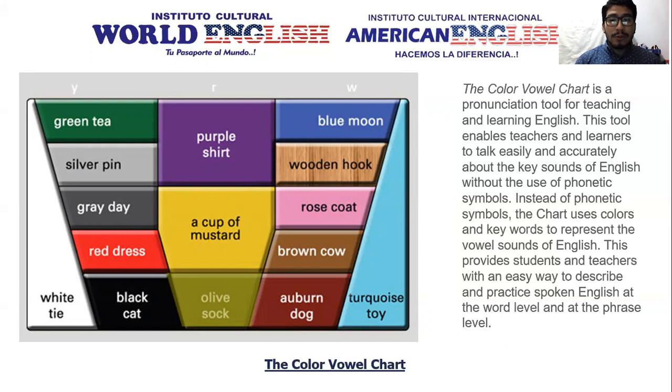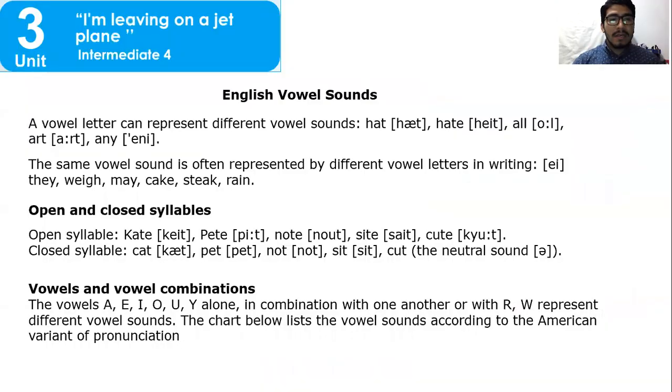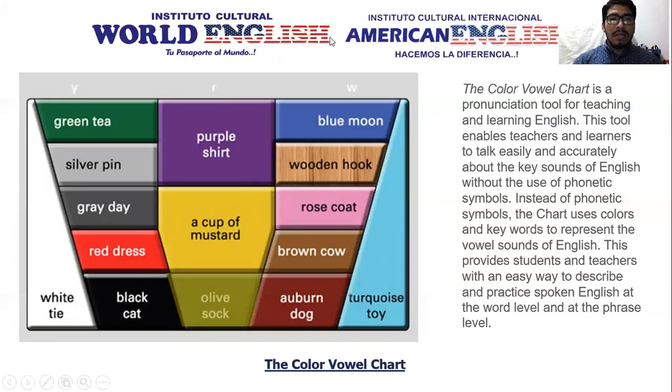This provides students and teachers with an easy way to describe and practice spoken English at the word level and the phrase level. For example, here is a kind of representation of your mouth. Okay, it's a representation of your mouth. It is completely easier in this part that we have to practice.